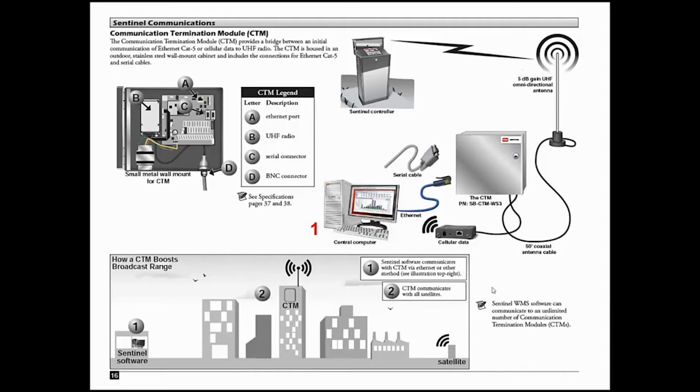If you were in the earlier class this morning, we talked about how you saved it in your software, and then it's in your database, and then you hit the send. Well, depending on how you are connected to that CTM, and you see right there, it's showing serial cable, Ethernet, cell modem. Those are typical connections to these CTMs.